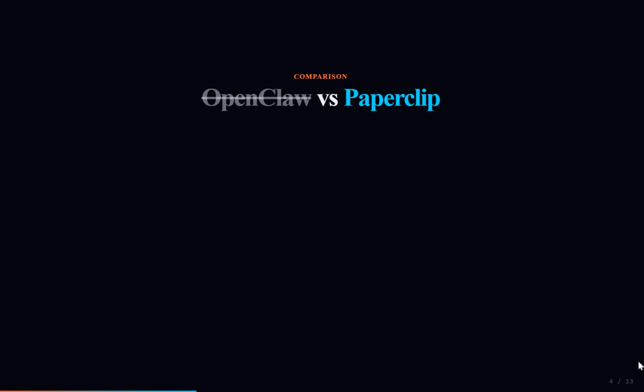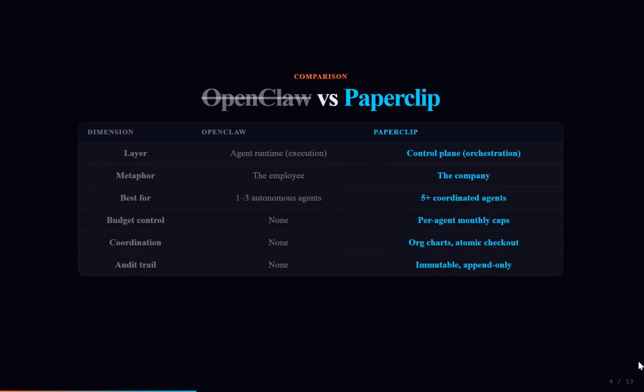Let me put together a comparison between OpenClaw and Paperclip, side by side. OpenClaw is an execution layer. It's the agent runtime, best for 1 to 3 highly autonomous agents, whereas Paperclip is a control plane for orchestration, best for 5 or more coordinated agents. OpenClaw has no budget control, no multi-agent coordination, no audit trail.